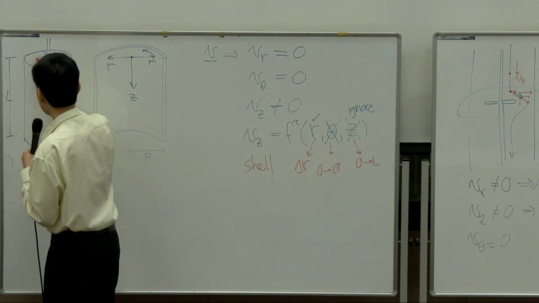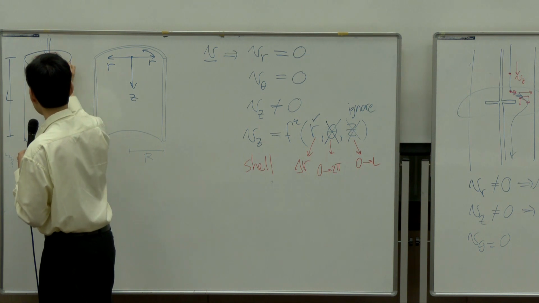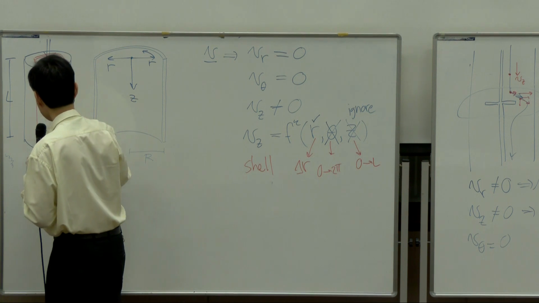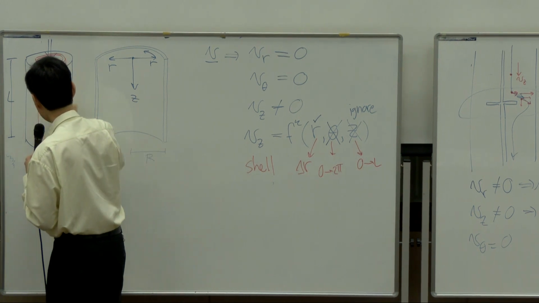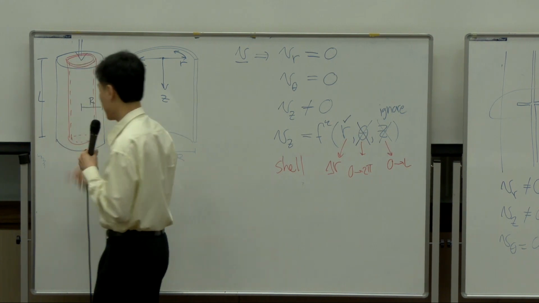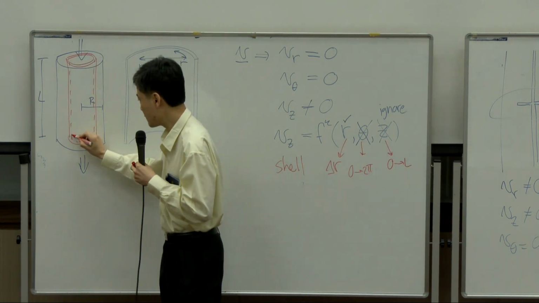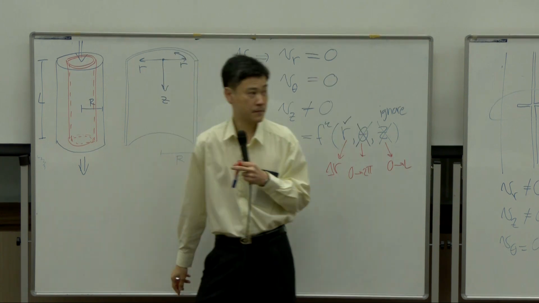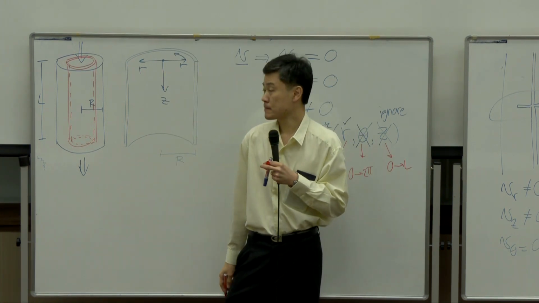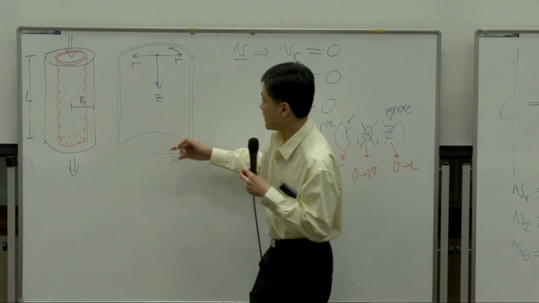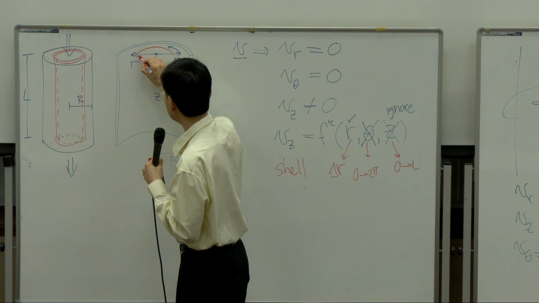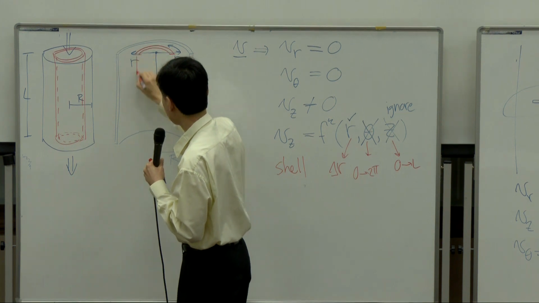So it looks like this. This will be your shell. Okay? If I cut it in half, you see that the shell looks like this. This is half of the shell.